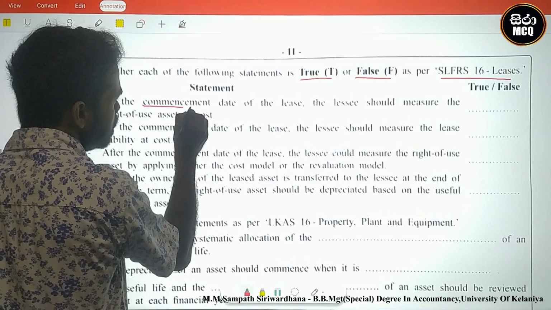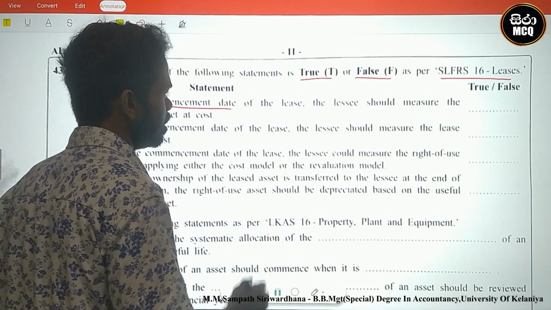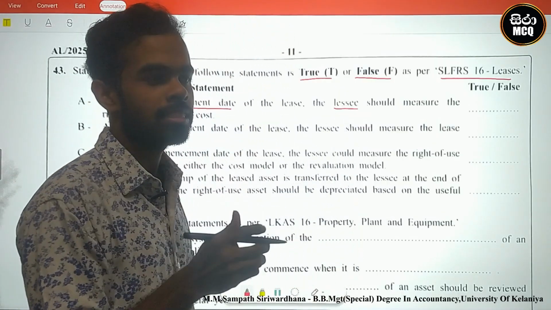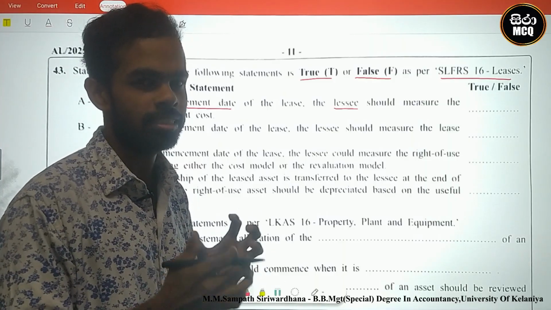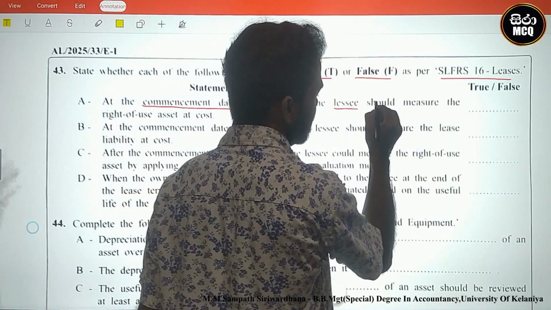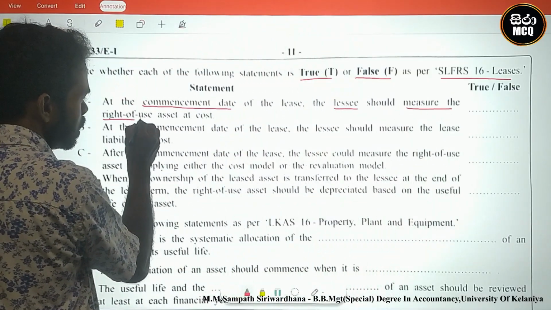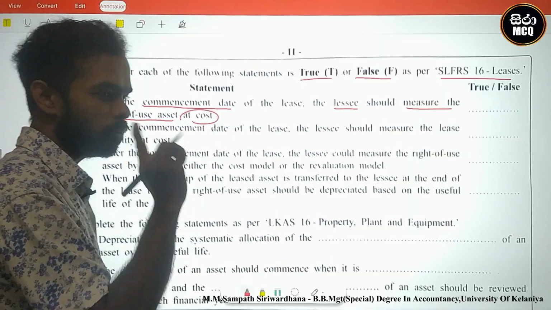At the commencement date, meaning the starting date, the commencement date of the lease, lessee means the purchasing person. This is our company. The lessee should measure the right of use asset at cost.